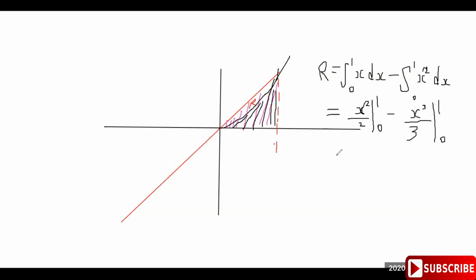And so plug in 1, and what we're getting is 1 over 2, a half, minus 1 over 3. A half minus 1 over 3 is equal to 1 over 6. Very easy. That's the area, 1 over 6.